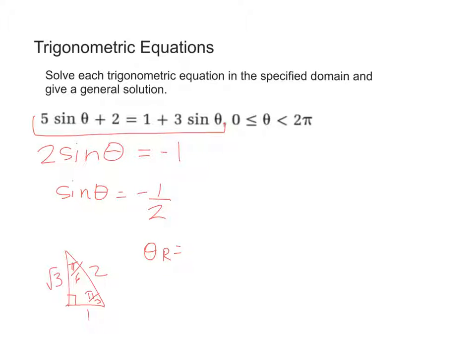When we look at that special triangle, we're looking for which of those angles has a sine of 1 over 2. So sine is opposite over hypotenuse. If we choose pi over 3, the opposite is root 3 over the hypotenuse 2. Root 3 over 2 is not what we're looking for. So look at the pi over 6. Opposite is 1, hypotenuse is 2. So pi over 6 has a sine of 1 over 2, which means pi over 6 is the reference angle.